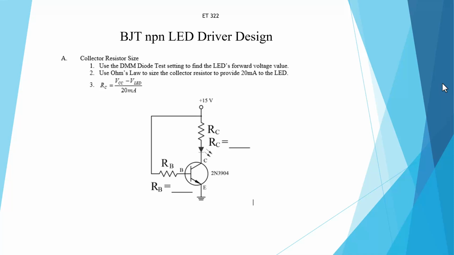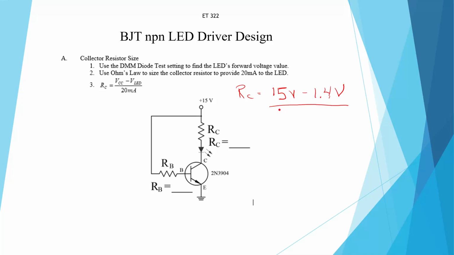Okay, so what we're going to do is calculate our collector resistor value. We're going to use Ohm's law and some information. RC equals VCC, which would be 15 volts, minus, we'll say 1.4 volts for our diode.